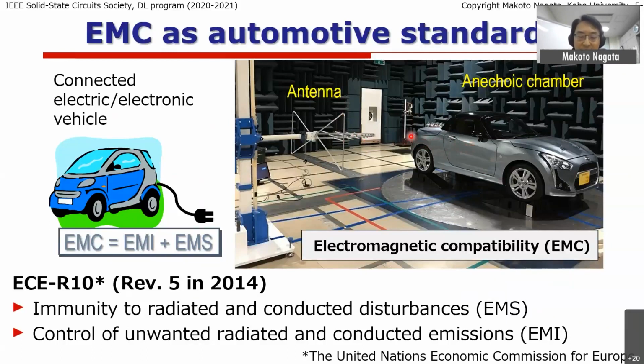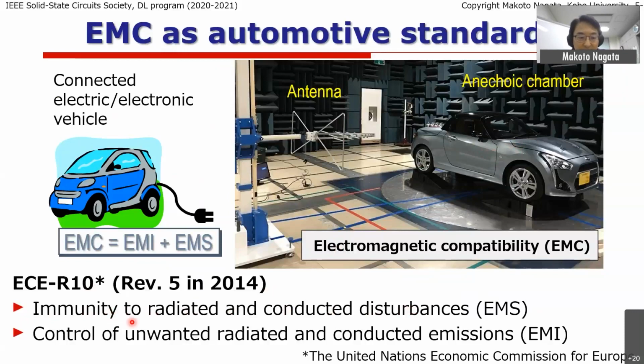These bilateral interactions are what we often discuss in the framework of electromagnetic compatibility. One word is immunity: how the radiated and conducted disturbances will interfere with the internal operation of electronic devices, even in the car EVs.